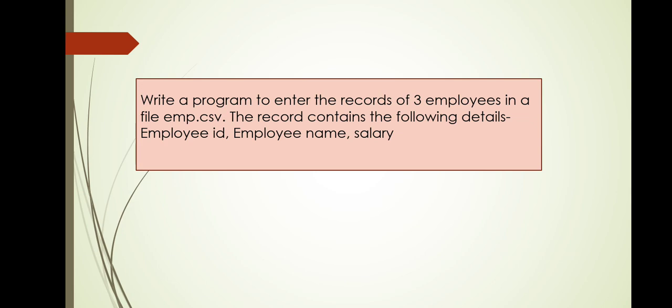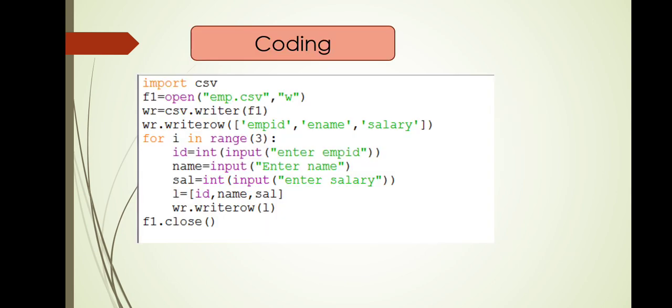Okay. Now let's see. First of all, I have imported the CSV module, right? Then I have opened the file emp.csv in writing mode. See, I have not provided the newline argument. That means it is going to perform end of line translation.